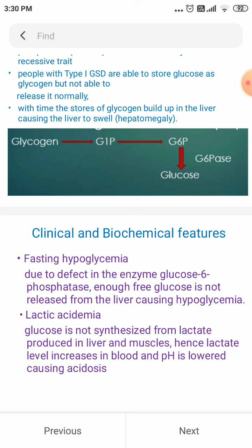So there is a low level of blood glucose in the individual, observed in the morning, that is fasting hypoglycemia, right?